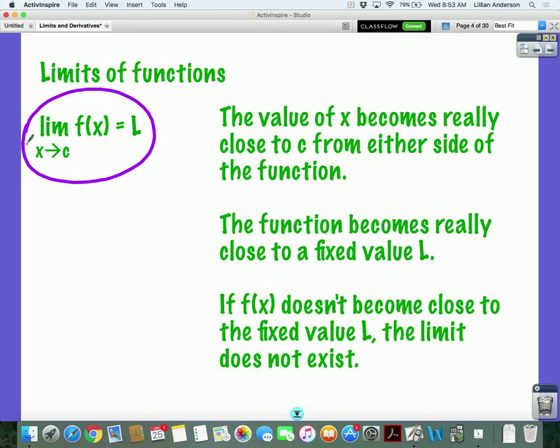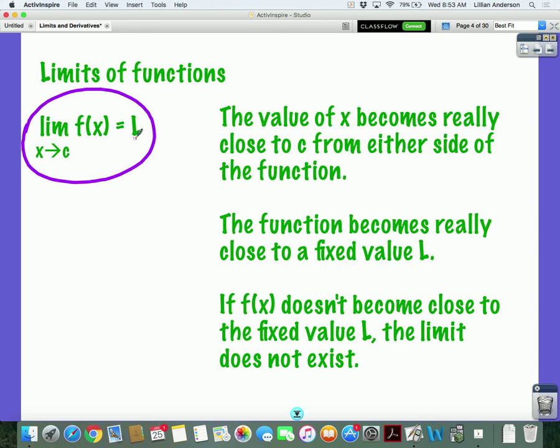Okay? So as x approaches a particular value, 2, -1, whatever, it should be approaching one number from the left-hand side and the right-hand side, and that number should be the same. The number you're looking for is exactly the y value. Okay?